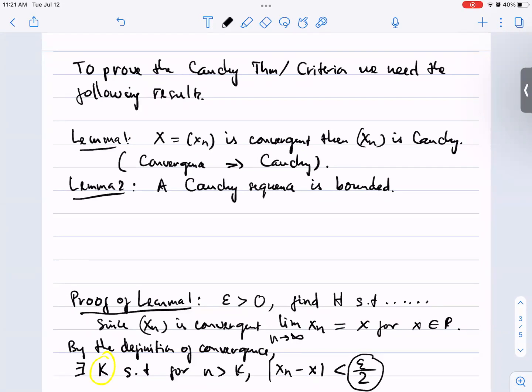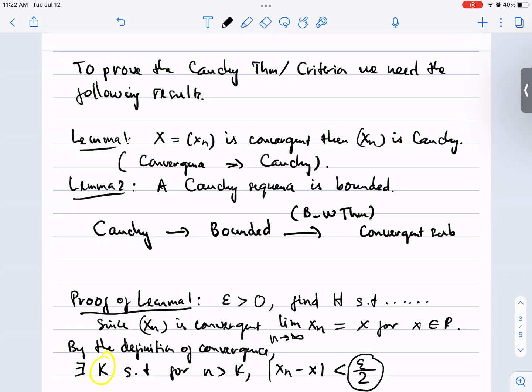By lemma 2, a Cauchy sequence is bounded. That's why when you have a Cauchy sequence, you're going to get a bounded sequence, and applying the Bolzano-Weierstrass theorem from the previous section, we would be able to extract a convergent subsequence.